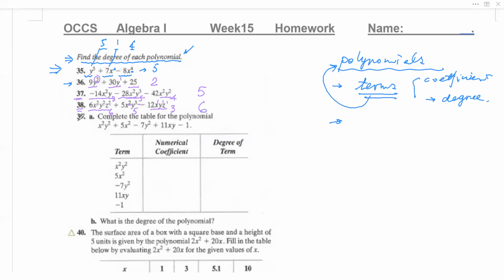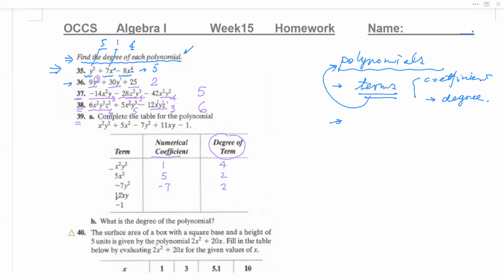Let's see 39. Here we break the polynomial down into each of the terms, and find the coefficient and the degree of each. The first term, the coefficient is 1 and degree is 4. Second term, coefficient is 5, degree is 2. The third one, coefficient is -7, degree is 2.